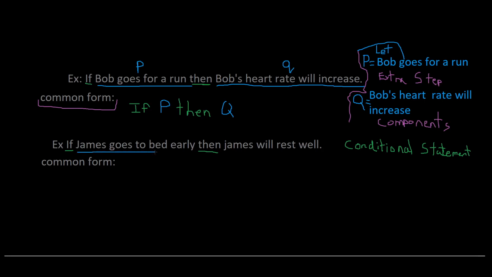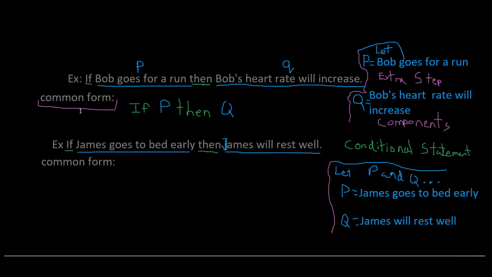So yeah, James goes to bed early. James will rest well. So which it should be capitalized. So like I said, I made these my own examples. James will rest well. Alright. So now we gotta write the common form.